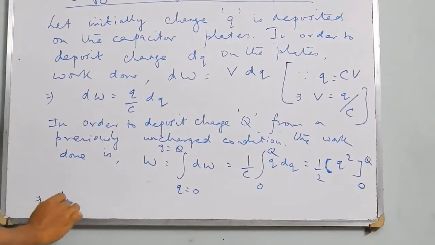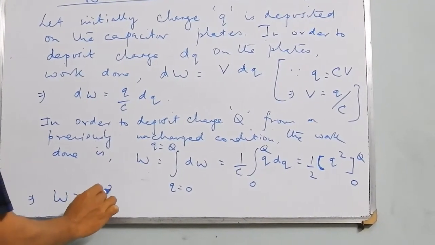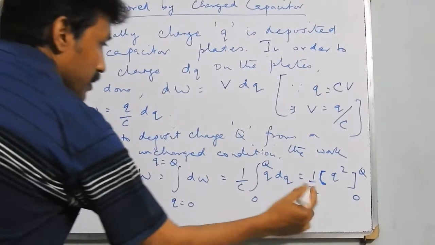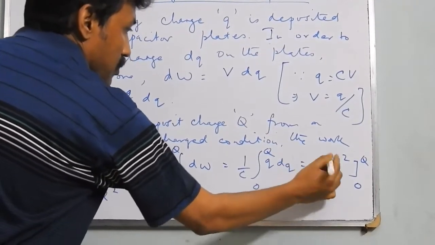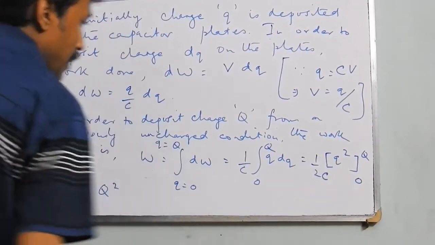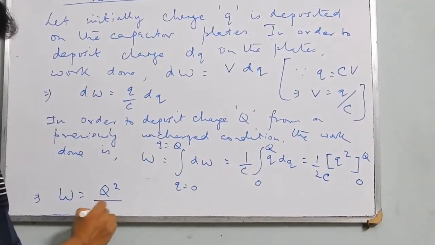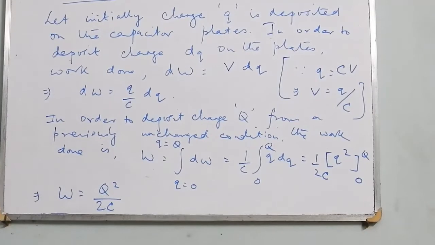So the work done will be capital Q square, sorry, I forgot to write C here, it is 1 upon 2C. So this is Q square by 2 into capacitance C.